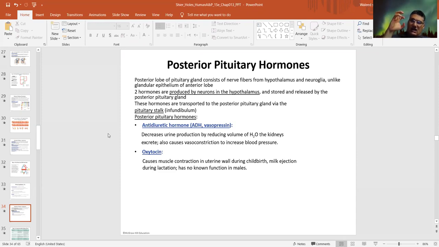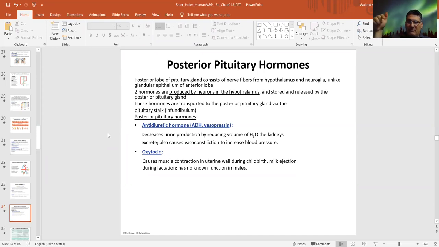Number two, the muscles around the glands in the breast, the mammary glands, which squeeze out the milk. This is a reflex that happens when a baby is suckling on the nipple of the breast. There is a reflex with the nervous system that releases oxytocin. Oxytocin goes to these muscles surrounding the lobules and pushes out the milk.